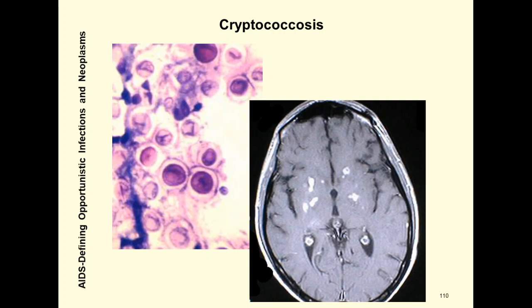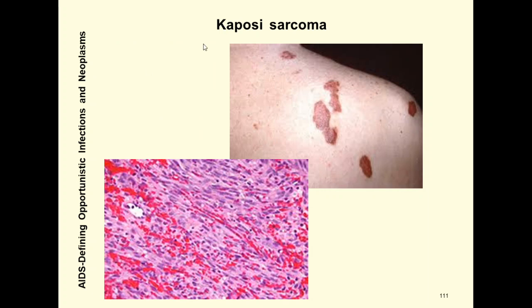Cryptococcosis, classically the brain is affected, so presence of cocci. And the last one is Kaposi sarcoma. As you remember, a minute ago I told you about the probable unchecked reactivation of the virus that could lead to this sarcoma in the presence of HIV infection. So, Kaposi sarcoma is a malignant tumor as well.